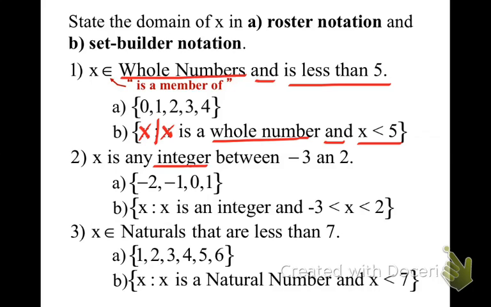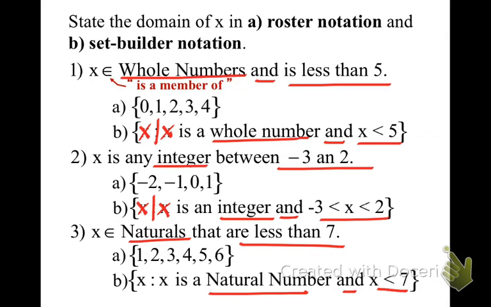Here's the integer. I have x is such that, and I write my in-between statement. Or x is greater than -3 and x is less than 2. Here's the rule. And I've got my inequality right here.